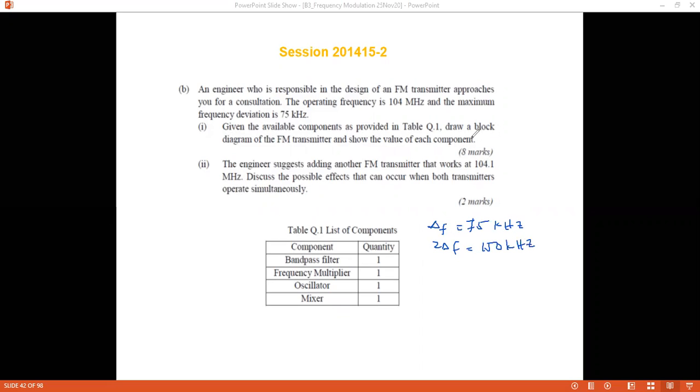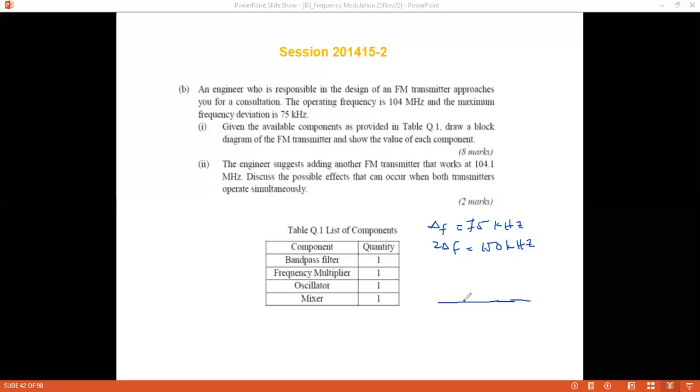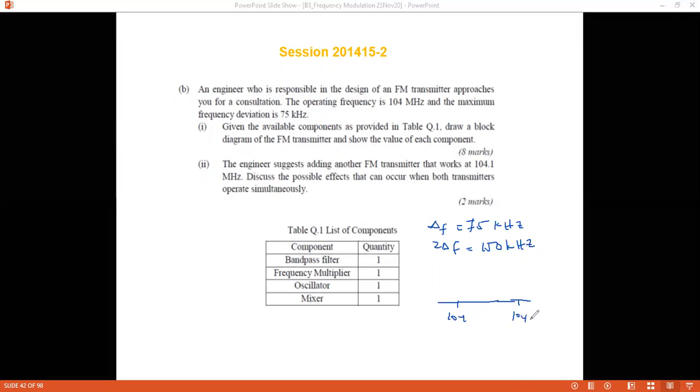Now 104 and 104.1: the difference between them is just 100 kilohertz, but the minimum, if we do not consider the guard band, is 150 kilohertz.